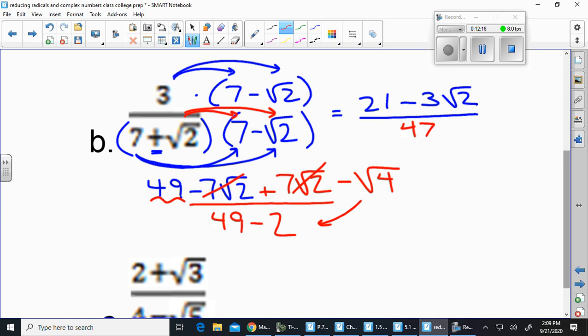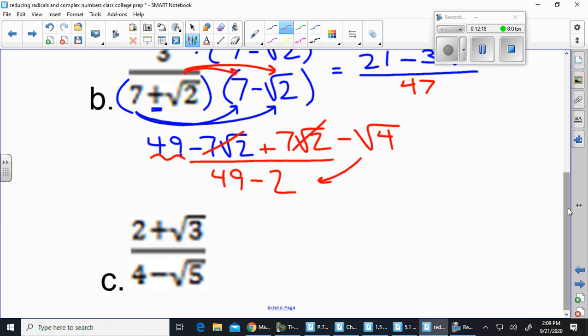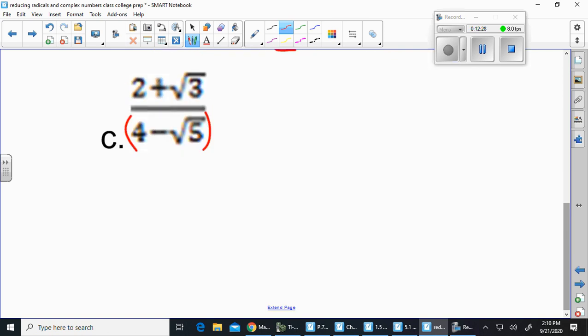Now, I'm not going to do this one, but you will have one. If you have like binomials on both, remember it's the conjugate of the denominator. So 4 plus square root of 5. If I did that on the bottom, I do it on the top.